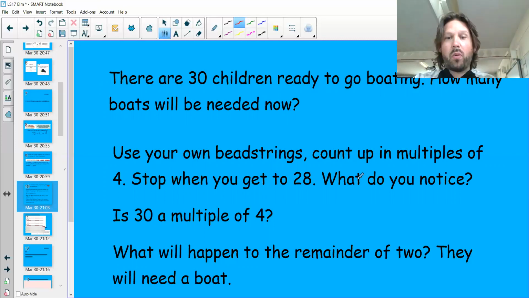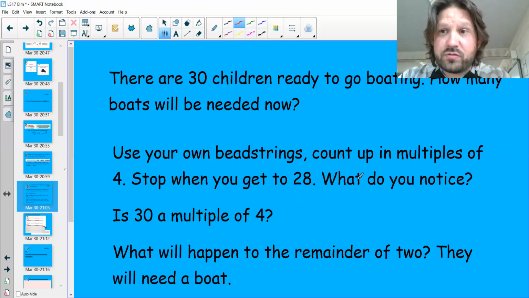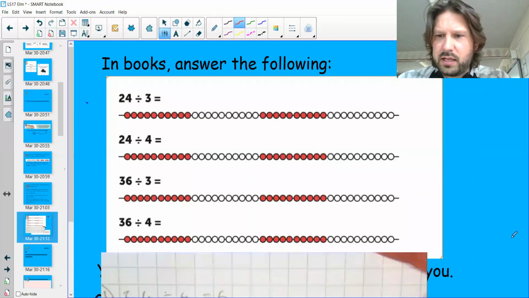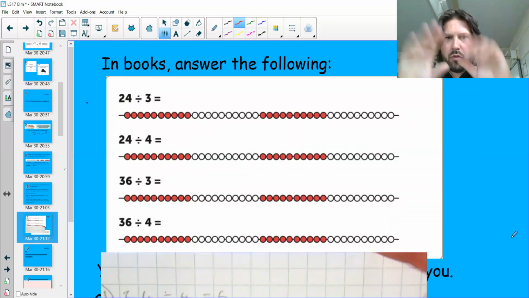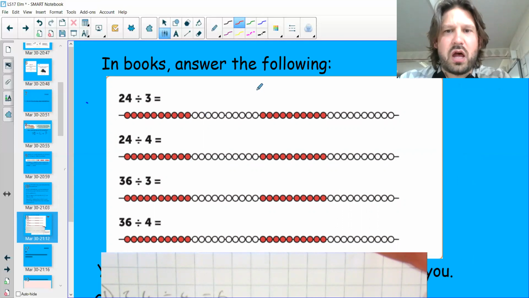But you always need to remember that they'll need a boat. So for the question, how many boats are needed, you'll need that extra boat for those 2 people, and they can just lie around and cruise and maybe sunbathe. But you always remember you need that. I'm going to leave this up on screen, and again, we're going to pause.